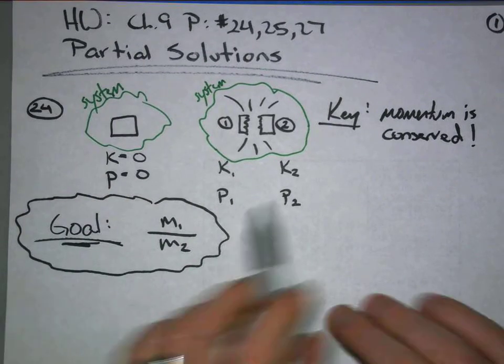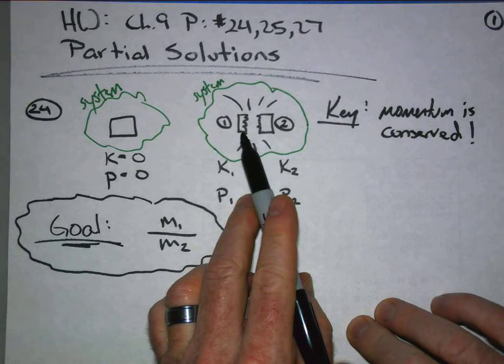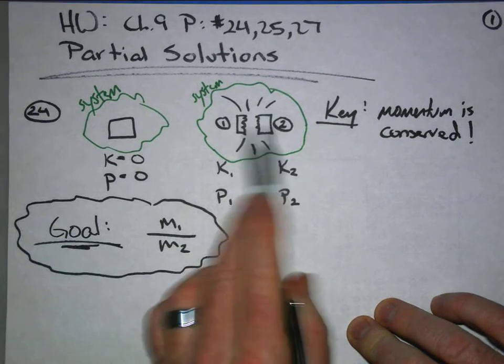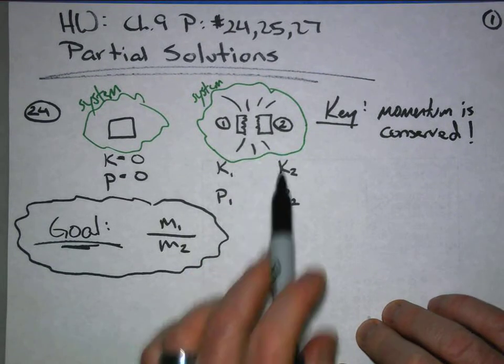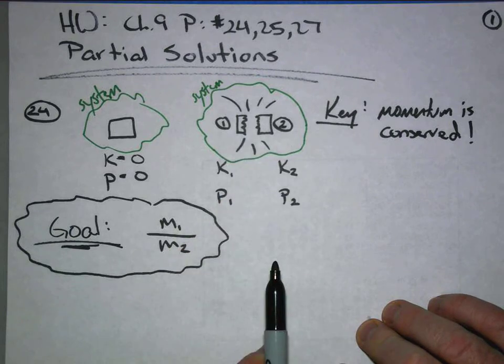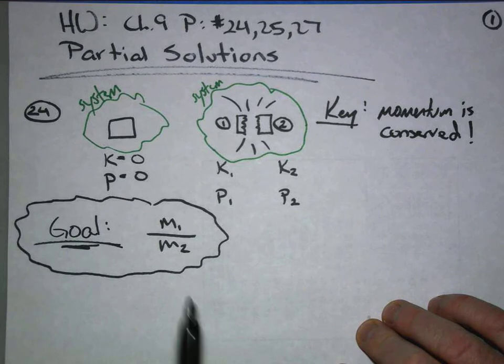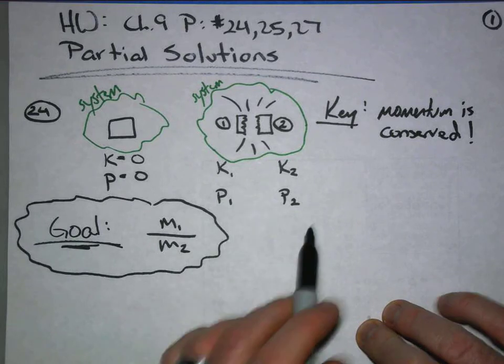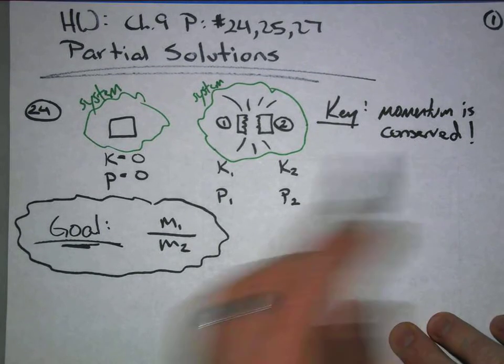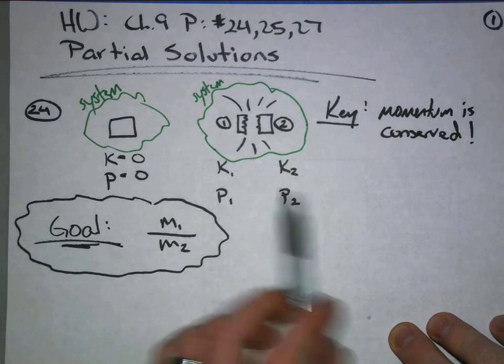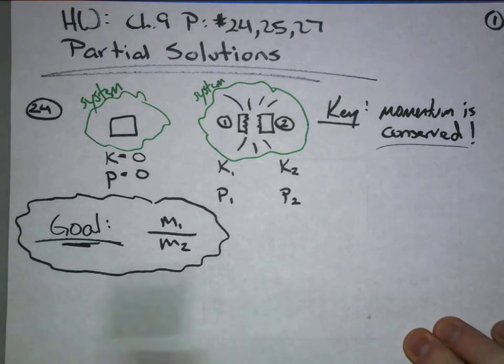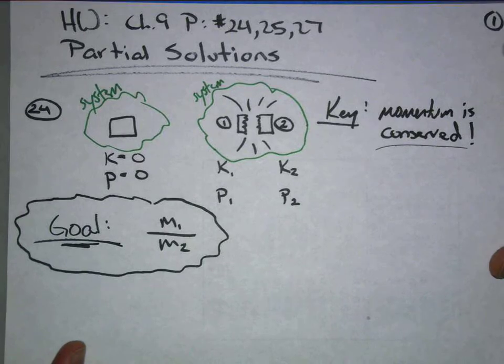The force that is imparting energy to each one of these pieces is an internal force. It is inside the system, coming from within the system. And so momentum will be conserved. The net force acting on the system is zero, so we do see that momentum is conserved here.